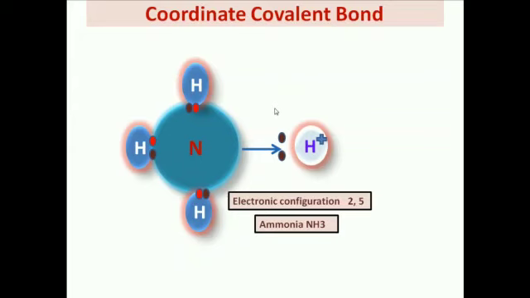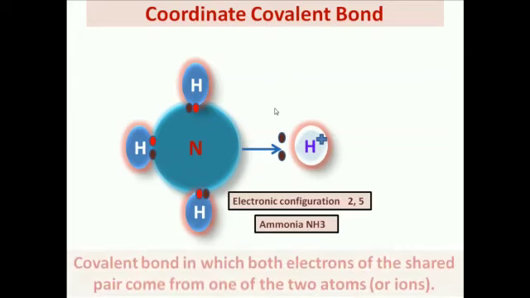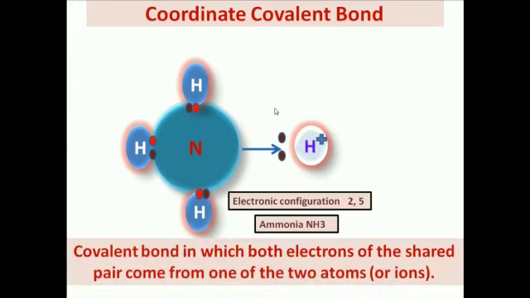Here it is a proton. If both electrons of a shared electron pair belong to only one atom, then that type of covalent bond is known as a coordinate covalent bond. It is a covalent bond in which both electrons of the shared pair come from one of the 2 atoms.